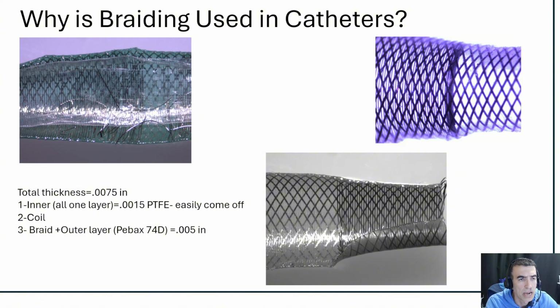PBAC 74 and the braid altogether is 5 tau. And you can see that, on distal versus proximal, you can have different configurations of braid, or braid and coil, because you need different configurations of torque for each side.